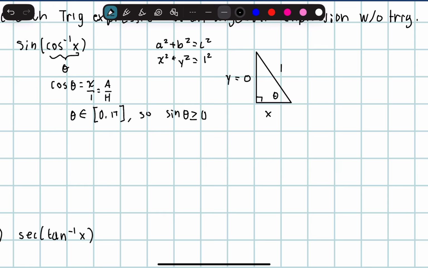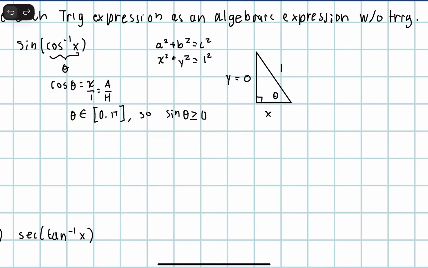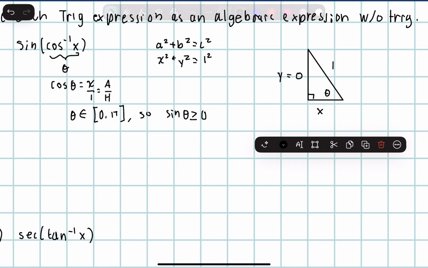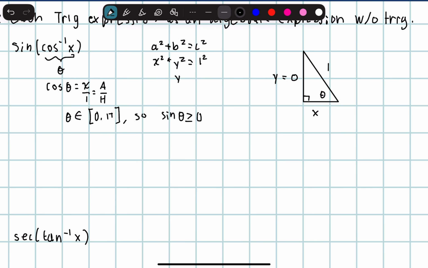So now we want to solve for y, right? That means that y squared is equal to 1 minus x squared. Then you take the square root, y is equal to square root of 1 minus x squared. Great.